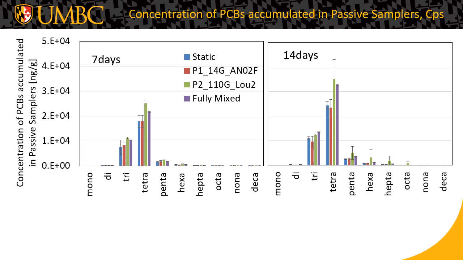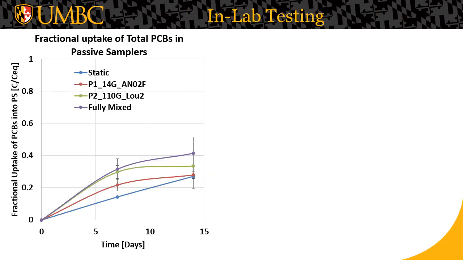The equilibrium passive sampling concentrations were calculated by correcting these values by the PRC loss data, and the fraction of equilibrium reached was calculated as the ratio of the actual and the equilibrium passive sampler concentrations. So this graph here shows the fractional approach to equilibrium of total PCBs as a function of time for all the static and vibrating prototypes.